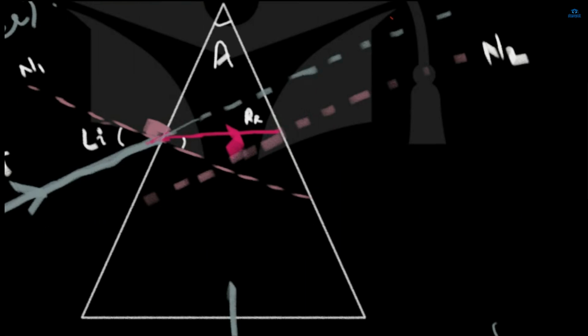Rudra, tell me what will be the angle between the refracted ray and the normal. Are you there, Rudra? Yes, ma'am. Are you busy doing something else? No, ma'am. So can you tell me what angle it is, the angle between the refracted ray and the normal? Angle of emergence.